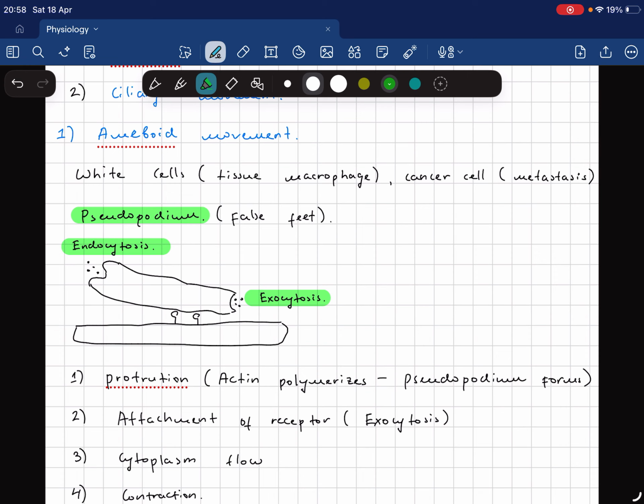Firstly, protrusion: actin molecules polymerize, and the pseudopodium is formed there. Attachment of the receptors is done by exocytosis, and the cytoplasm will flow into the exocytotic part. And then the fourth one is actin contraction. Yes. Next.